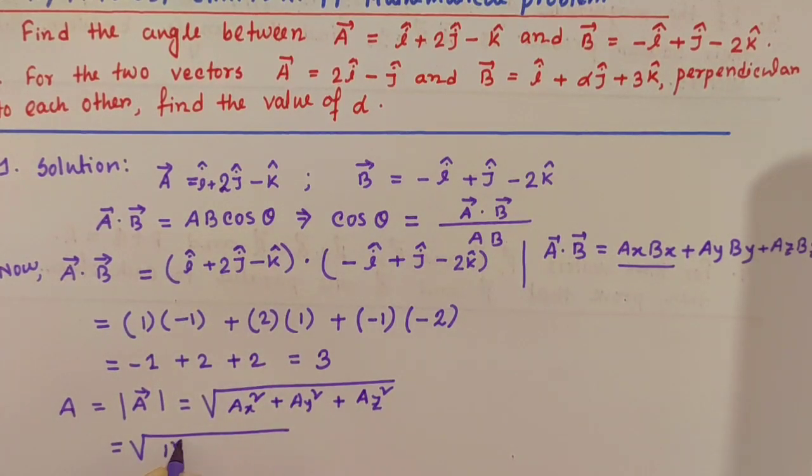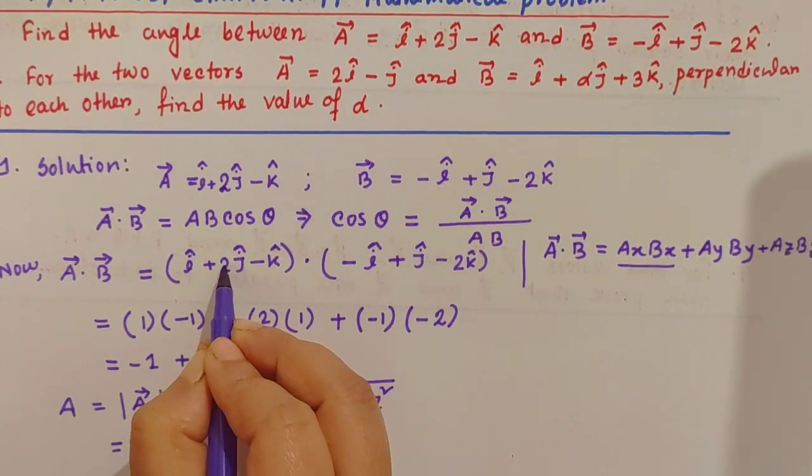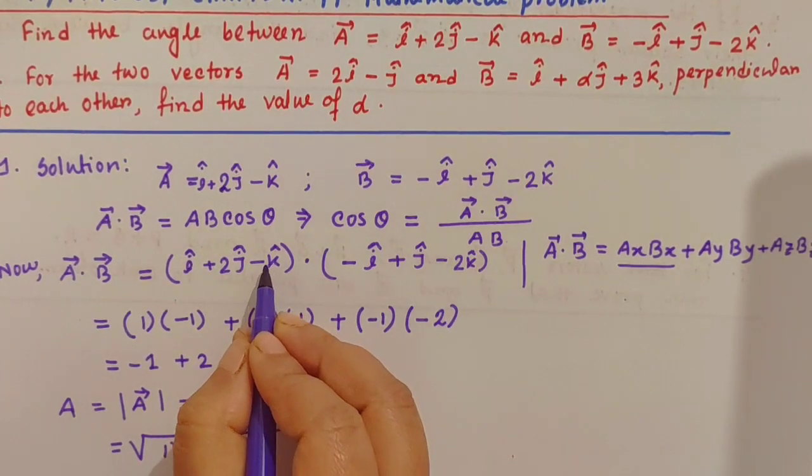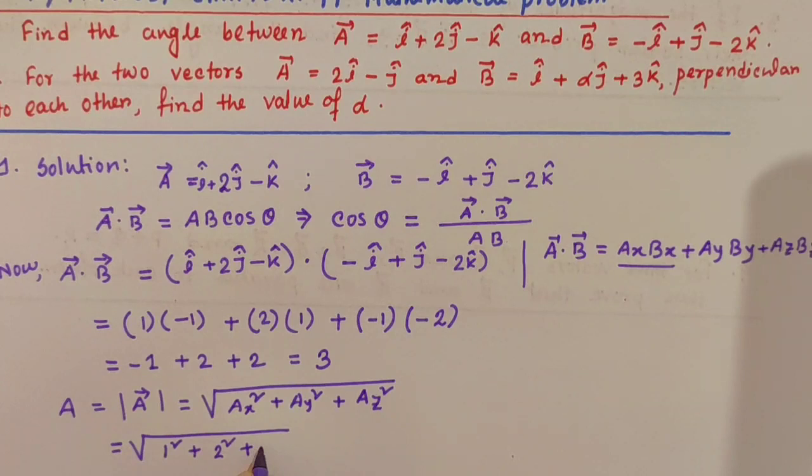So 1 square plus Ay, the coefficient of j for vector A, which is 2. So 2 square plus Az, the coefficient of k, minus 1. So minus 1 square means 1. So 1 square is 1, 2 square is 4. So 4 plus 1 plus 1, root over 6. So vector A is equal to root over 6.